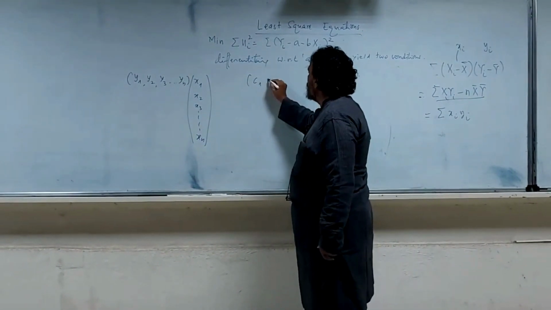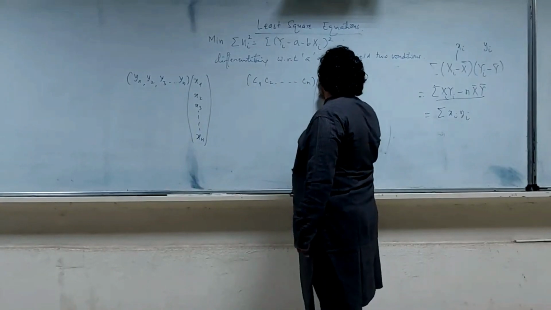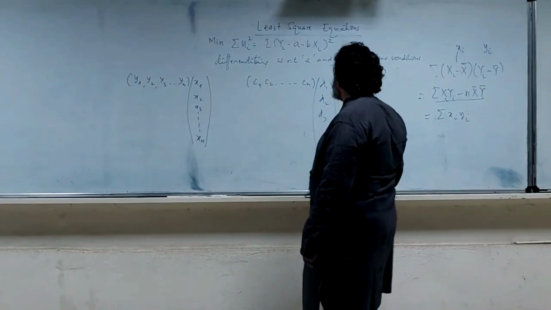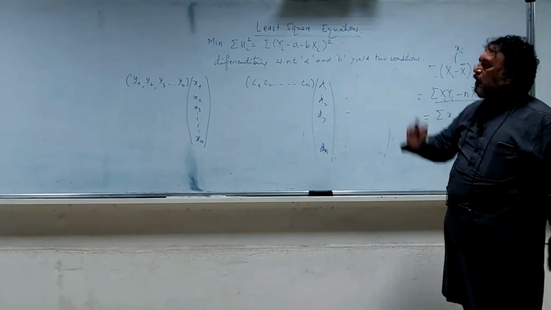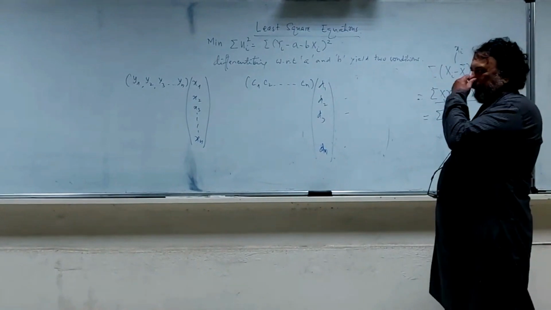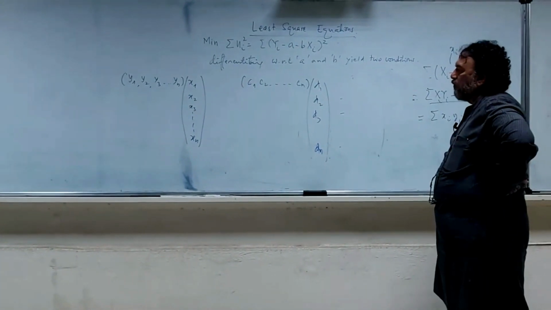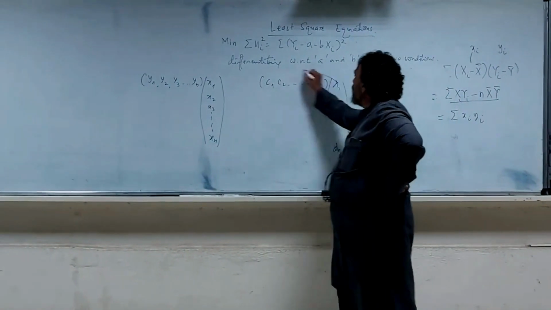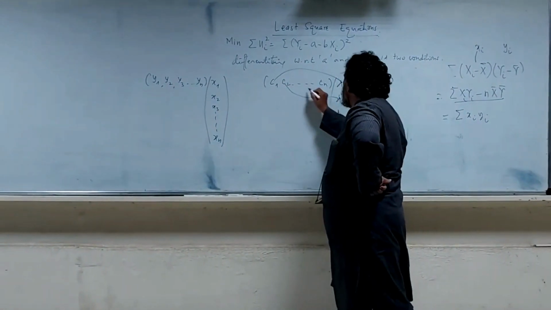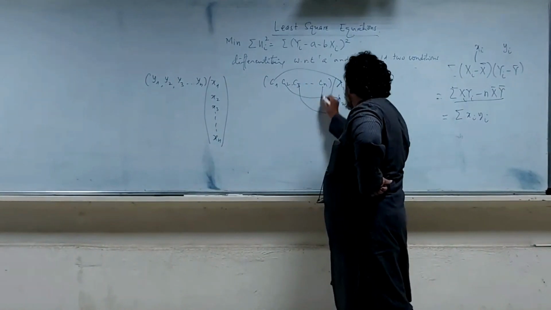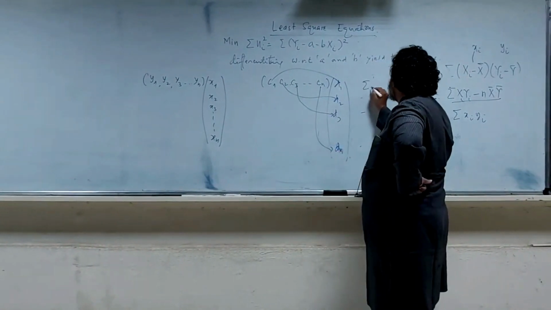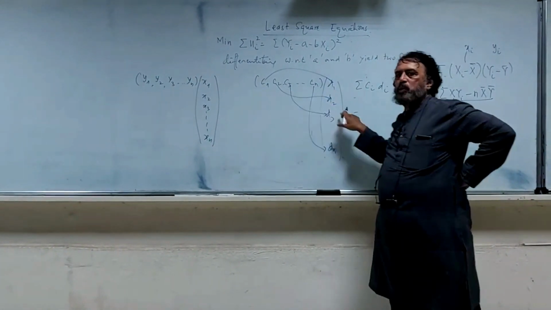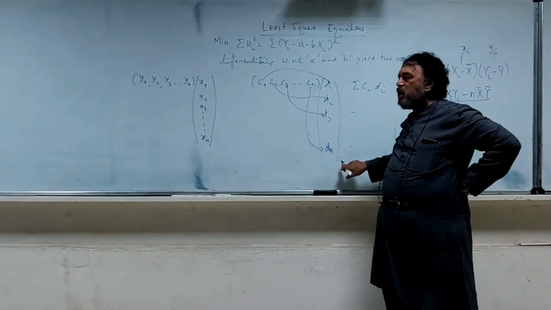For example, I can call them c1, c2, c3, cn, and d1, d2, d3, dn. So these are the two vectors, just as we have got the deviation vector of y as well as the deviation vector of x. What is the dot product? The definition of dot product is to take the products pairwise and sum them. So it will be the sum of ci di: c1 into d1 plus c2 into d2 plus c3 into d3 and so on to cn into dn.